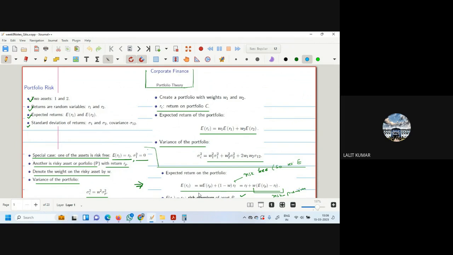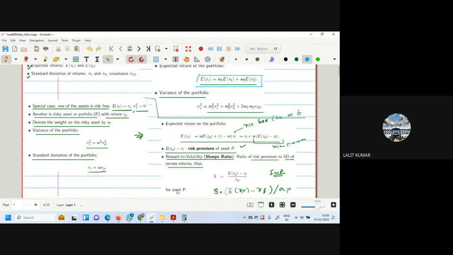If we have two risky assets, this is the formula which gives the expected return. Expected return will be weight 1 into expected rate 1 plus weight 2 into expected rate 2. The formula for standard deviation and variance remains the same, which we had covered yesterday.